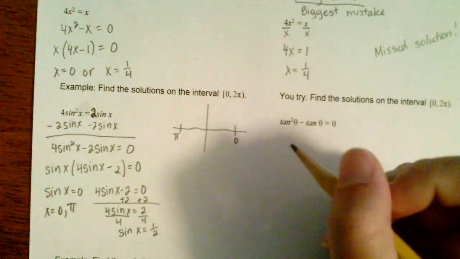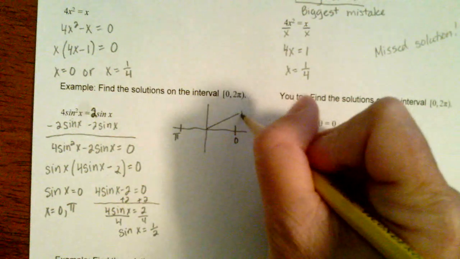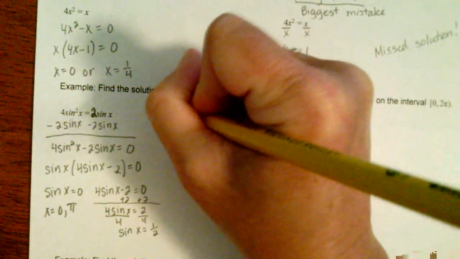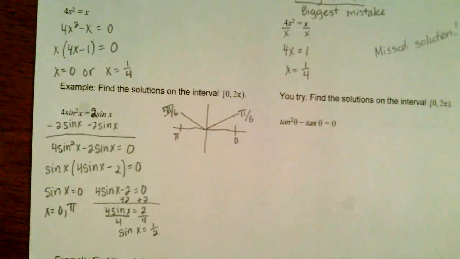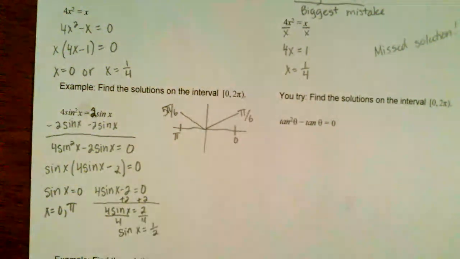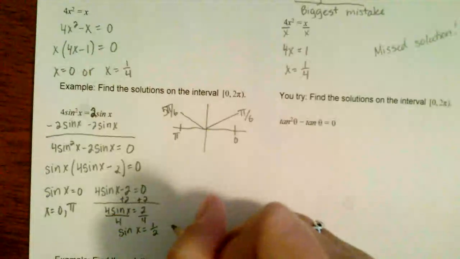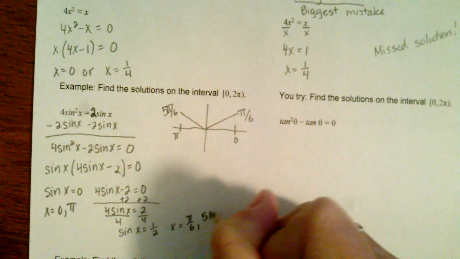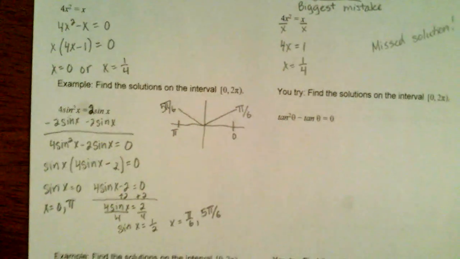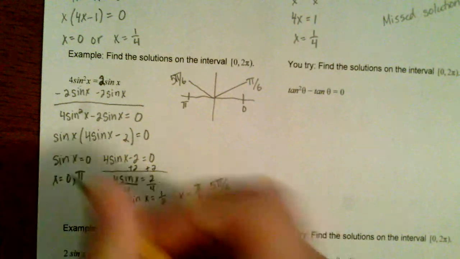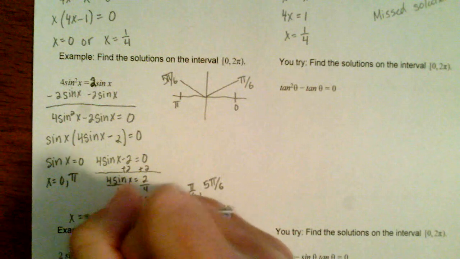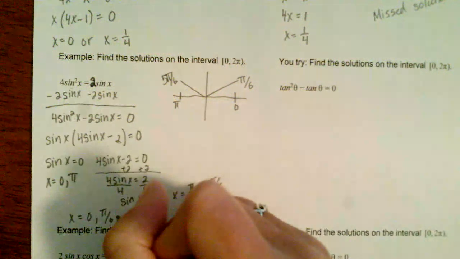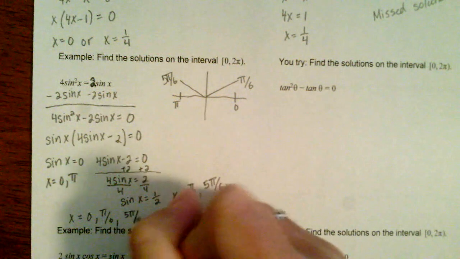Okay, so my sine of x is equal to 1/2 at pi over 6 and 5 pi over 6, in the interval 0 to 2 pi. So x is pi over 6 and 5 pi over 6. So I'm going to list all of my solutions in order. So I have 0, pi over 6, 5 pi over 6, and pi.